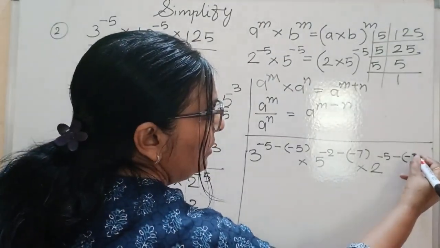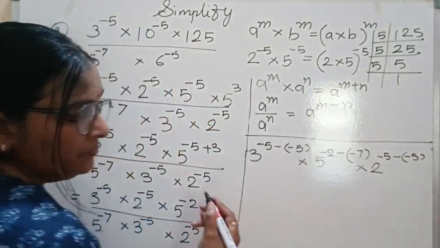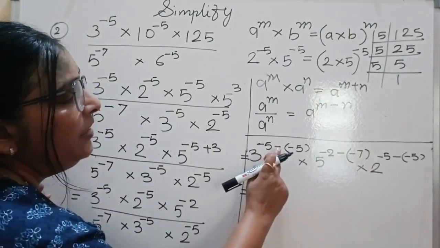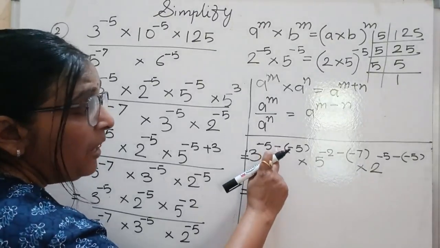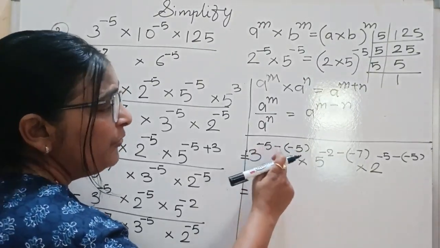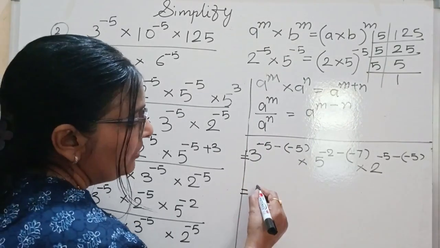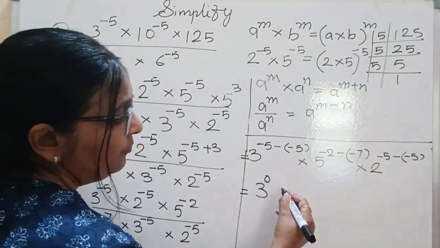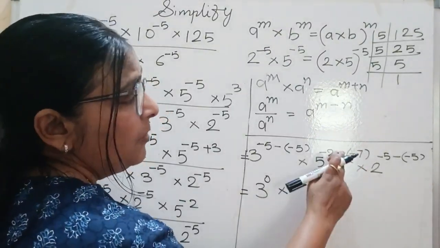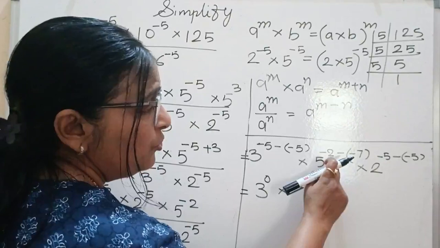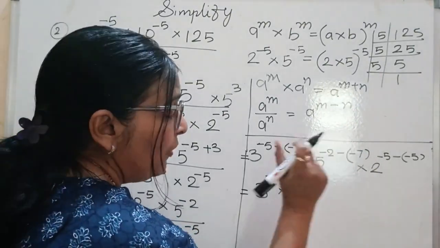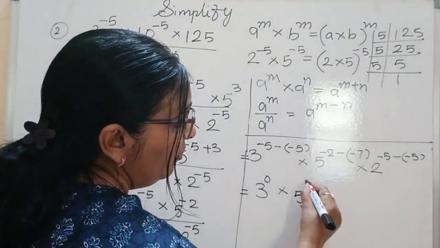Therefore, in bracket, minus 5. Now solve this. Here minus into minus is plus. Minus 5 plus 5 is 0. Therefore 3 raised to 0. Into. Here minus into minus plus 7. Minus 2 plus 7 is here plus 5. So 5 raised to 5.